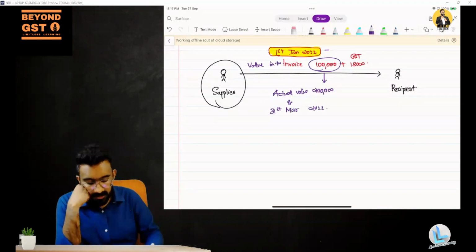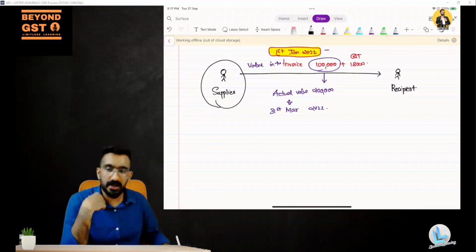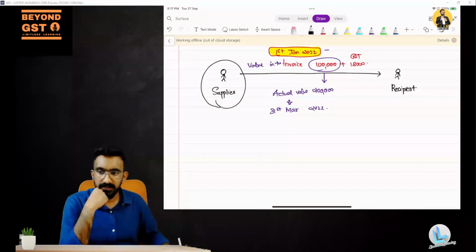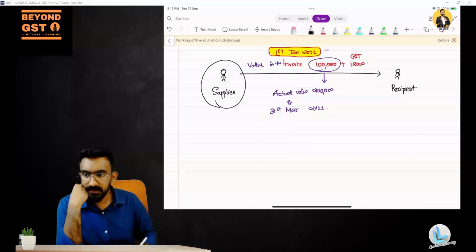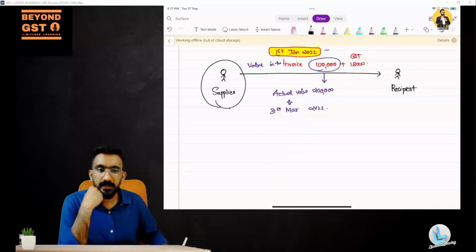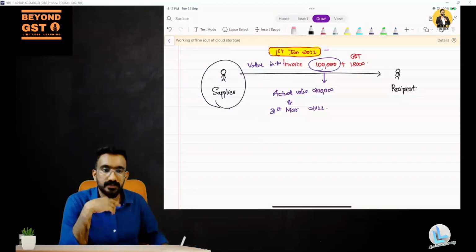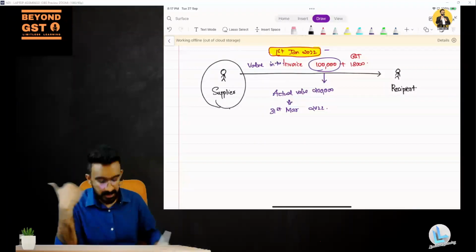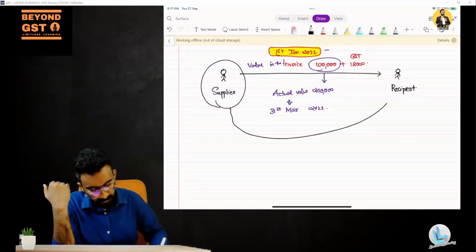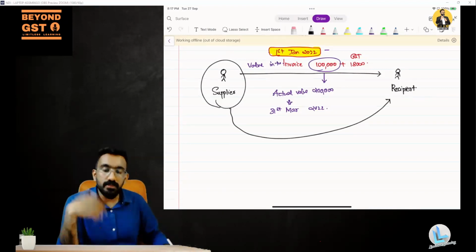So what will the supplier do now? The supplier wants to get 2 lakh plus GST. What will the supplier do? The supplier will have to issue one more document. Can they issue one more invoice?